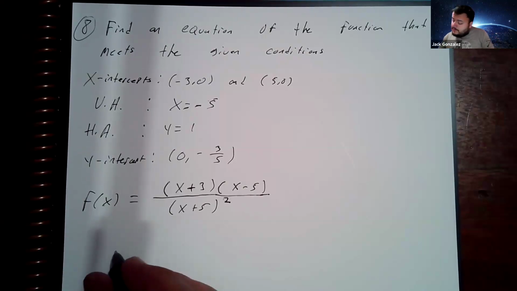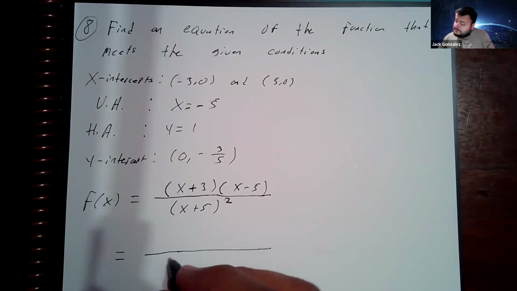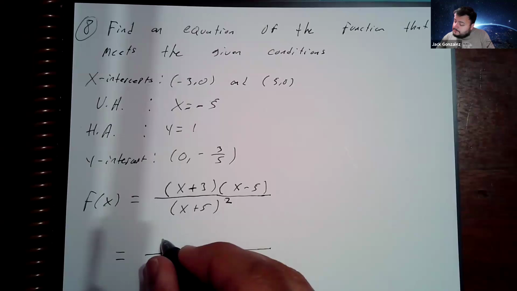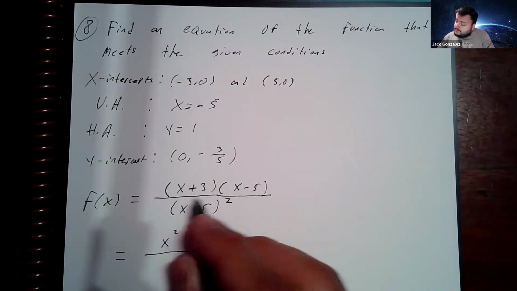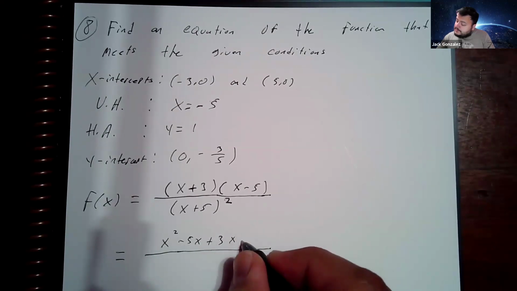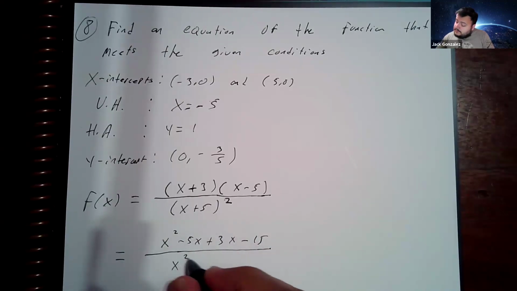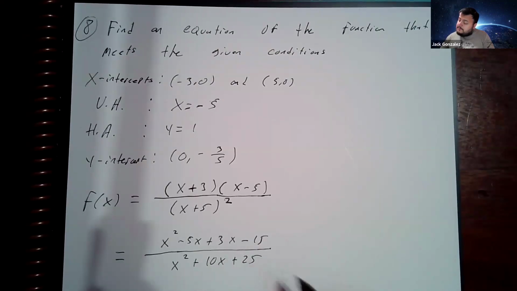So if you multiply everything out, you're going to get x times x, 3 times x, 3 times -5. Multiply this out and you'll get x squared plus 10x plus 25. So I'm pretty sure it's going to be this. So -5 to 3.